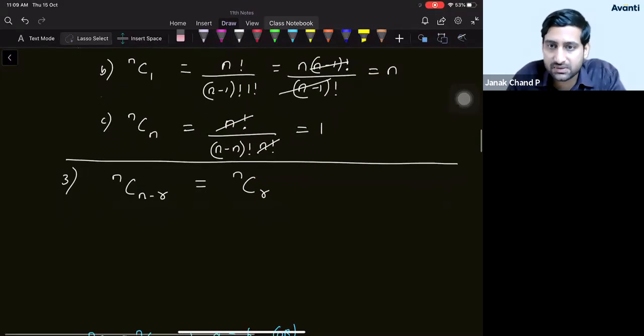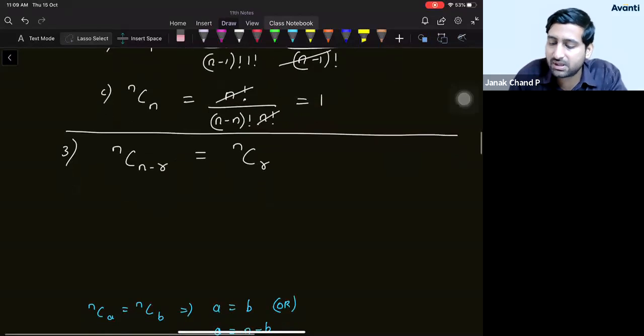So let us first verify this. What is this particular equation saying? Instead of r, if I replace r with the difference of these two, in the nCr formula, instead of this lower value, then the value will not change.